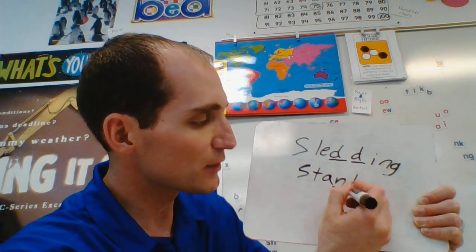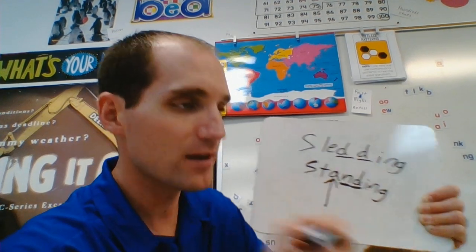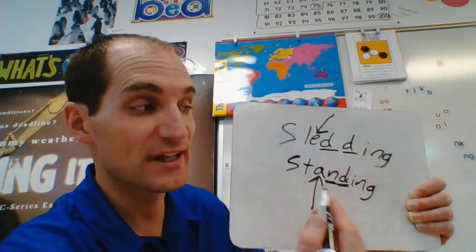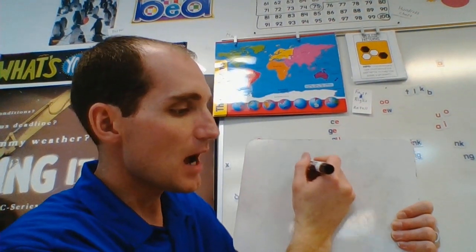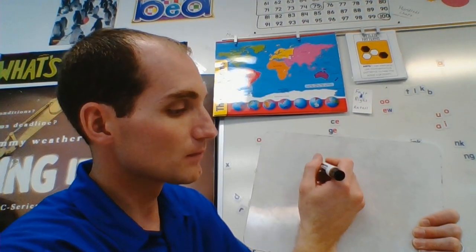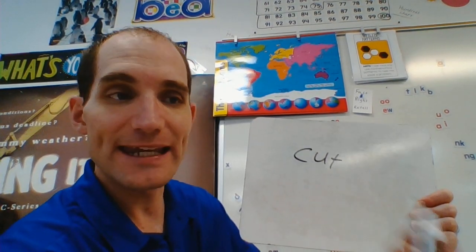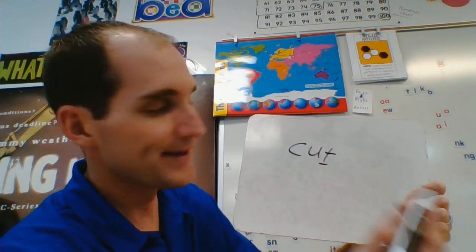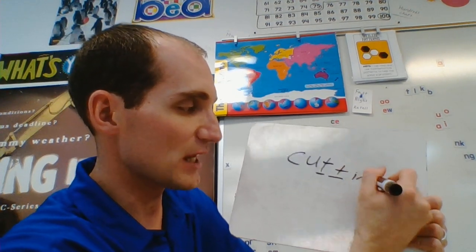We have to have two letters so that we know that it says the short vowel sound a and not the long vowel sound. Another example would be, here's the word cut. If I want to make cutting, think about it, what would it be? One more T first, then I can do ing.